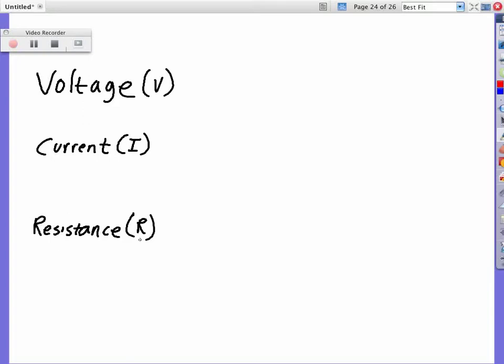Let's first look at voltage. The voltage of a circuit is supplied by the battery, and it's defined as the motor or the push that causes current, or the movement of electrons.